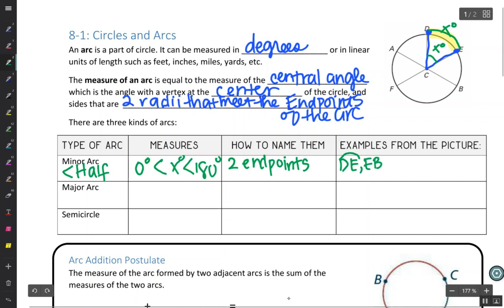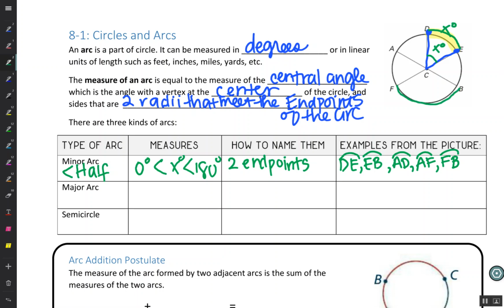EB, AD, AF, FB. Now if you're thinking, what, FB? Yes, FB is less than half a circle. So one common issue that people have is thinking of acute and obtuse angles.